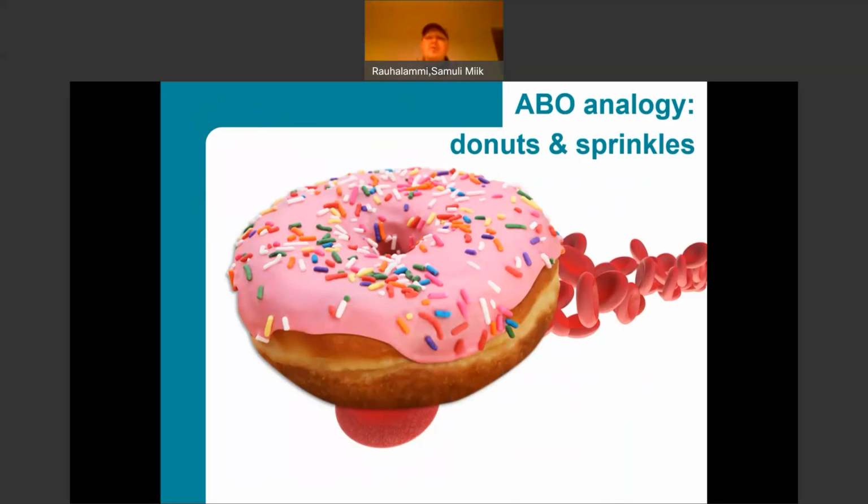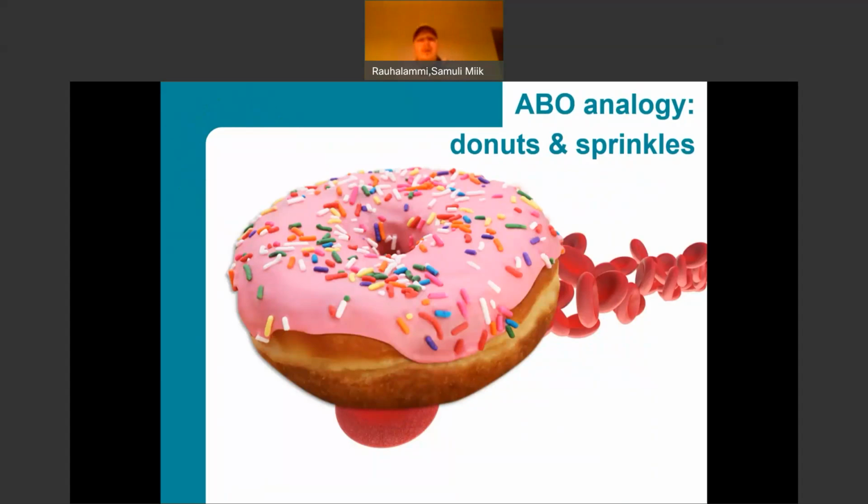That's what your immune surveillance is doing all the time, screening for all kinds of potential invaders that might have made their way into your body and could cause issues. So we're going to be focusing on these sprinkles on the surface of donuts, which, like I said, are the antigens on the surface of the red blood cells.